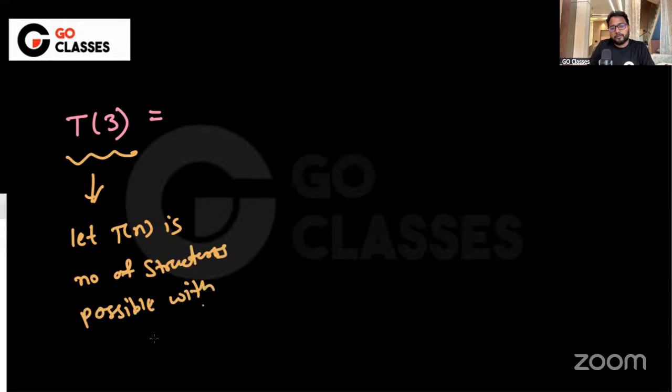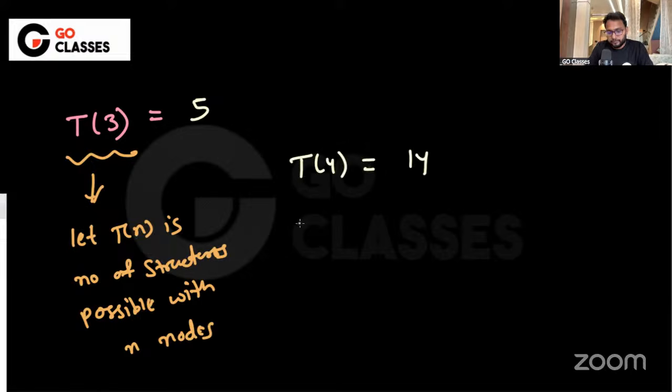So this T3 is 5, and using this, I got to know T4 is 14. Is this fine to everyone?